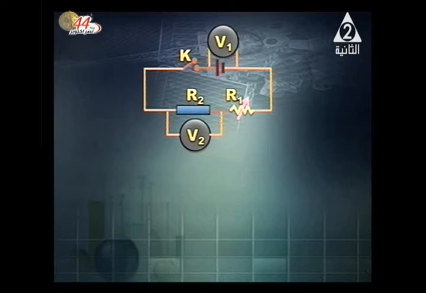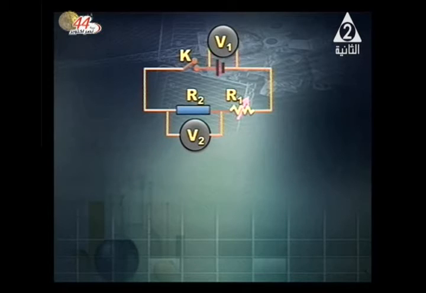In front of you, we've got a question. We've got a circuit that consists of a cell, a fixed resistor R2, and a variable resistance R1. We've got 2 voltmeters, one located across the cell, and it measures terminal voltage.